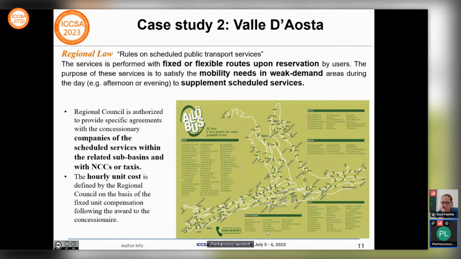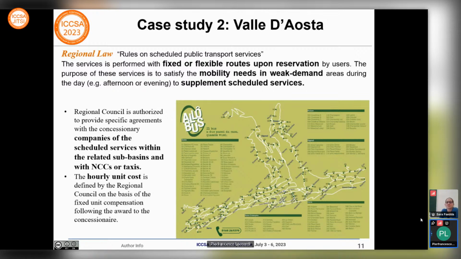As for the second case study, according to the law, the purpose of the on-demand service is to meet the mobility needs in areas with low demand during the day, for example in the evening, in addition to scheduled services. The Regional Council is authorized to stipulate special agreements with the concessionary companies of scheduled services and with taxis.